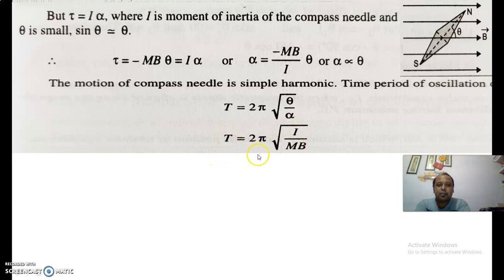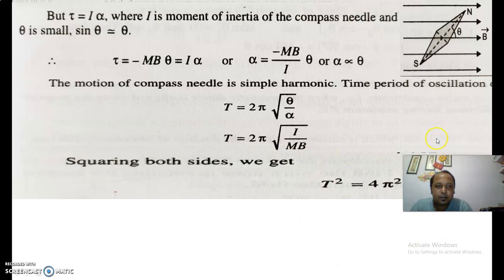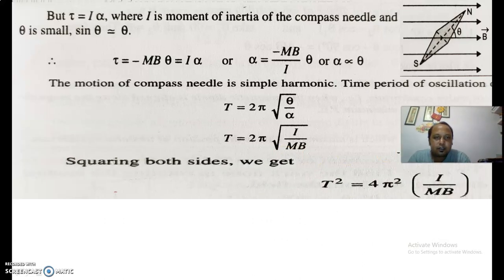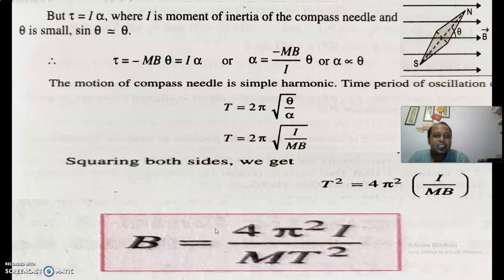So the time period we have obtained, but we need to find the value of magnetic field B. To find it we will square the term, so T square will be equal to 4 pi square I by mB. The root term will vanish here. So from this we can write the value of B as 4 pi square I upon m T square.